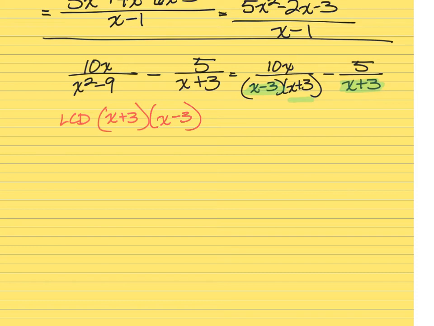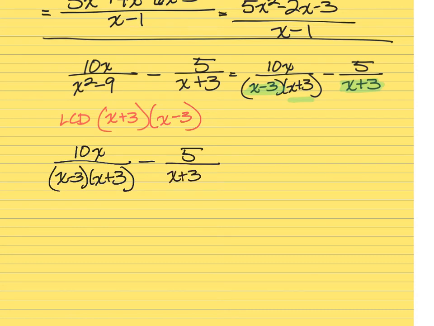So now I want to take my original fractions, 10x over x minus 3 times x plus 3 minus 5 over x plus 3, and make them both have this denominator. Well, the first one does already.